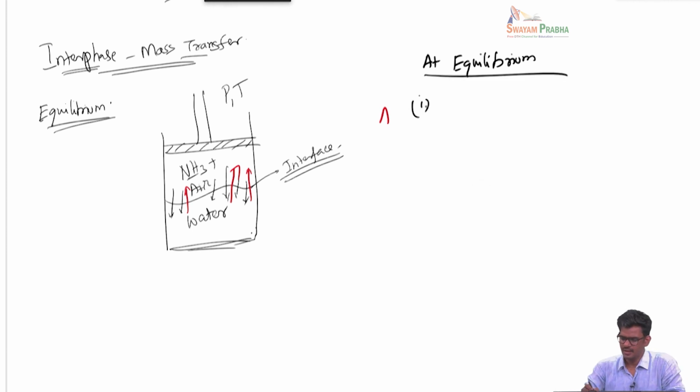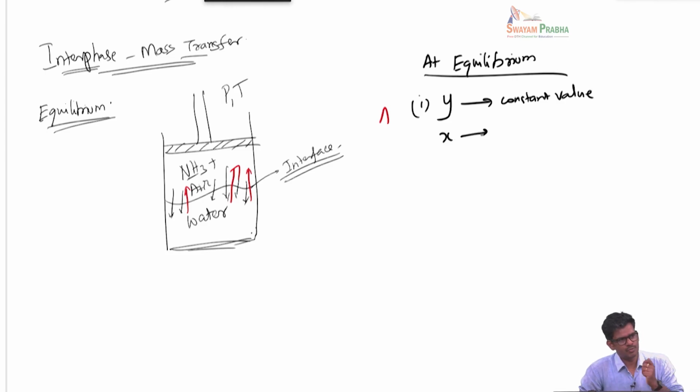We can say, if Y is the composition of ammonia in the gas phase, this will reach a constant value. X, which is the composition of ammonia in liquid water, will also reach a constant value. But very close to the interface, there will be a dynamic equilibrium between the absorption and desorption processes that will keep on happening.